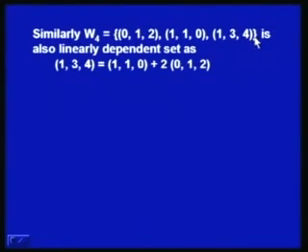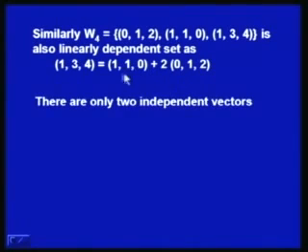Instead I consider the vector (1, 3, 4), and one can check whether it is linearly dependent or not. If I write down (1, 3, 4) on one side and (1, 1, 0) and 2 times (0, 1, 2) on the right-hand side, then I can see that (1, 3, 4) can be expressed as a linear combination of these two vectors. So even this set is not linearly independent.